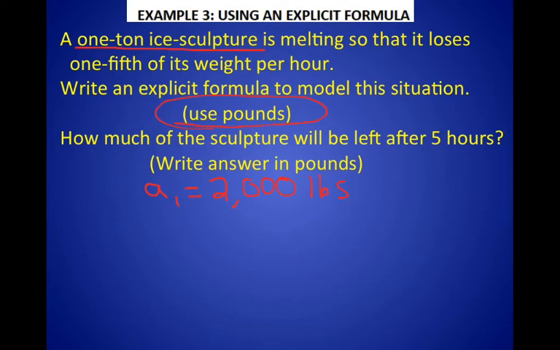And then how much is it losing per hour? So that would be what we would keep multiplying by. So let's see if this works out. See, multiply by 1/5, so r equals.